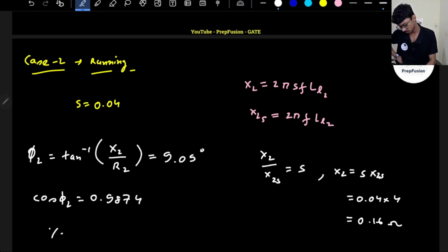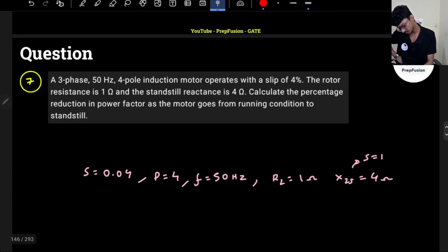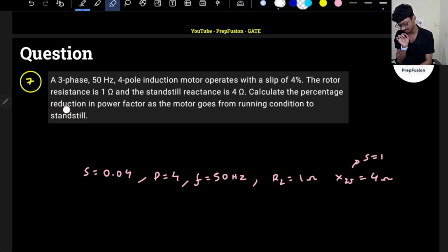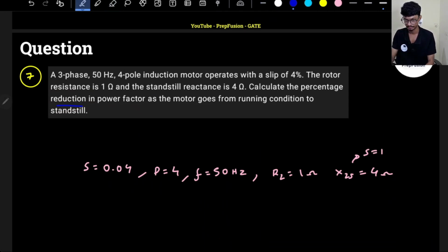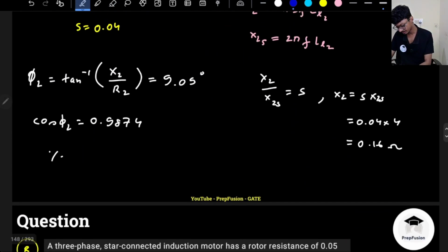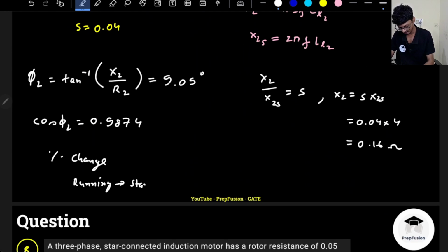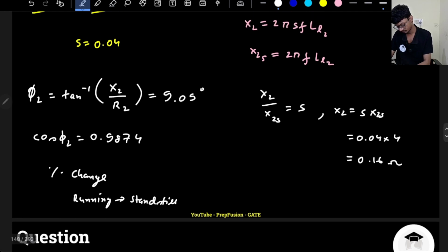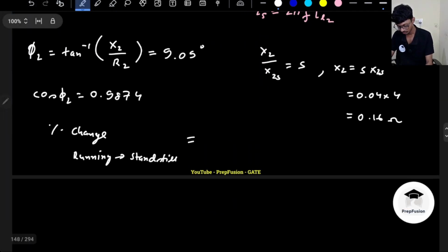So what are they asking? They're asking: calculate the percentage reduction in power factor as the motor goes from running conditions to standstill. So it is going from running condition to standstill, and they have already said reduction. Why is understanding that they have asked for reduction important? I will explain in just a second. They are asking the percentage change from running to standstill.